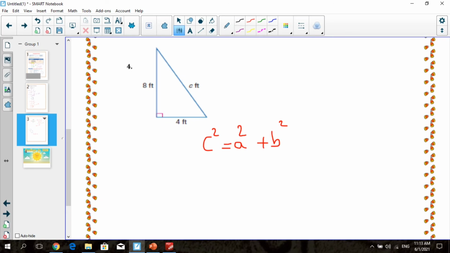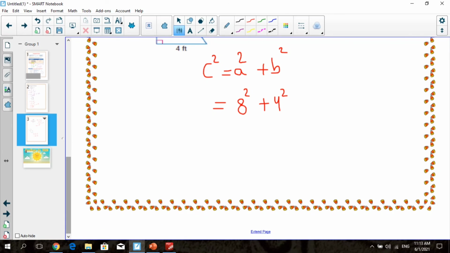Now we need to replace each letter with its number. So that will be 8 power 2 plus 4 power 2. Okay, 8 power 2 equals what? Super, perfect. That's correct. It's equal to 64. And 4 power 2?